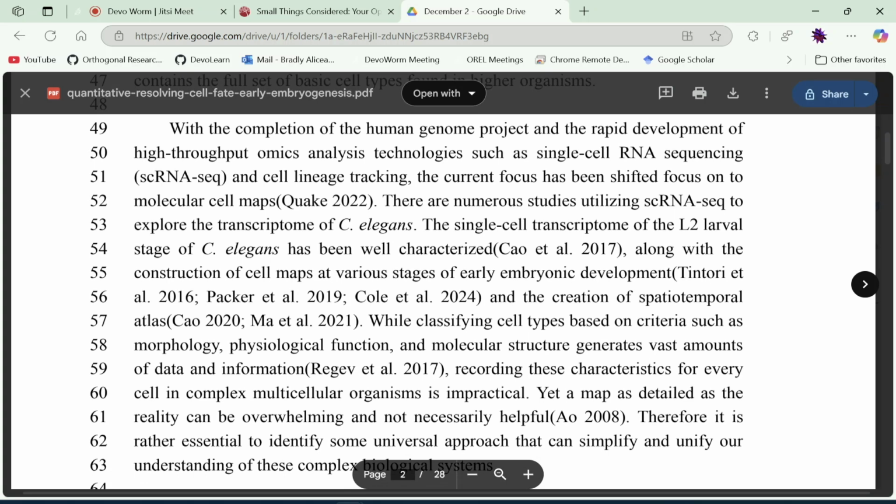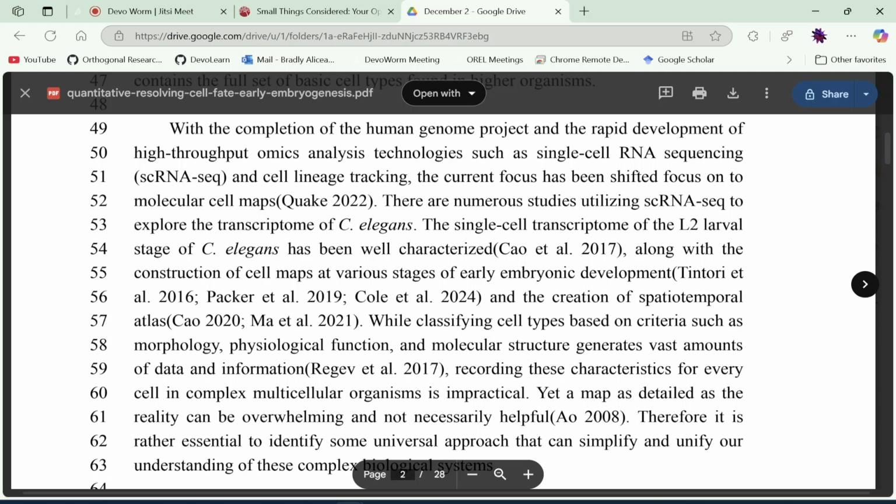So the single cell transcriptome of the L2 larval stage of C. elegans has been well characterized, along with the construction of cell maps at various stages of early embryonic development and the creation of spatiotemporal atlases. So this is all in different aspects of development. Of course we have the L2 larval stage, which has been well characterized in terms of single cell transcriptomics.